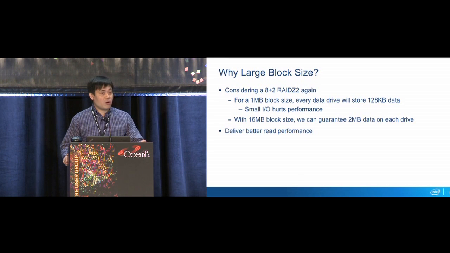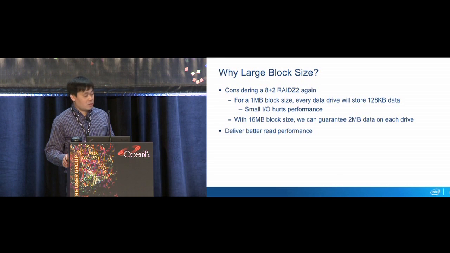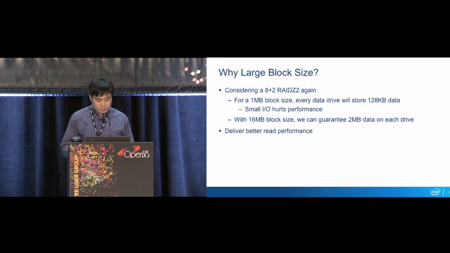In modern disks, you should expect 1 megabyte disk I/O to each individual disk to maximize the performance. So with 16 megabyte block size, we can guarantee 2 megabytes of data to each individual disk. Therefore, it can deliver better read performance, because your disk I/O is way larger than before.